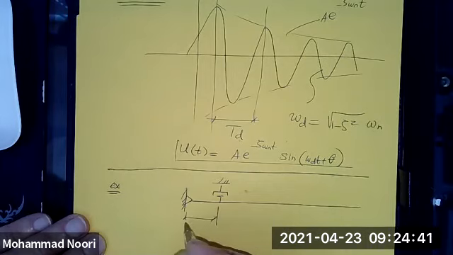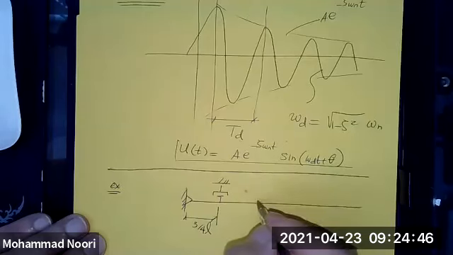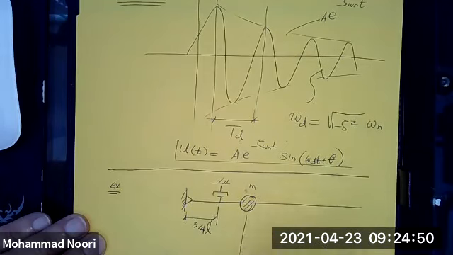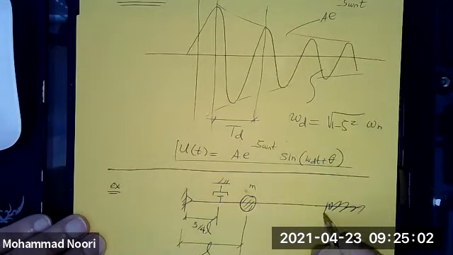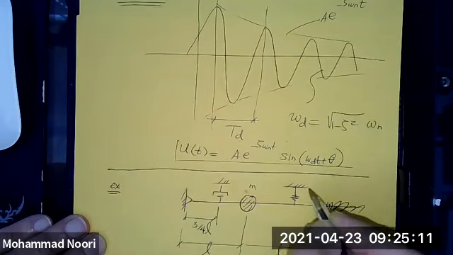Let's say this distance is 3/4 of L. You do have a mass M at distance L from here, and this is the tip point of the beam. Let me get rid of the rest because the whole beam is of length 2L. You do have a spring attached here with the given stiffness.